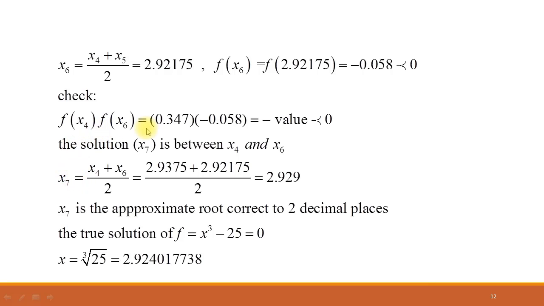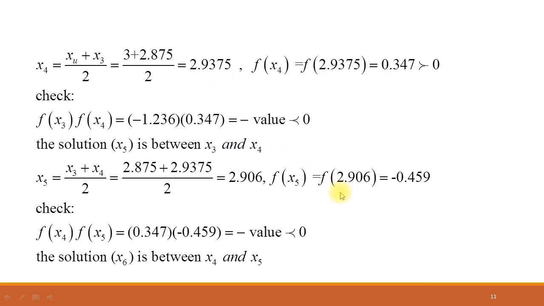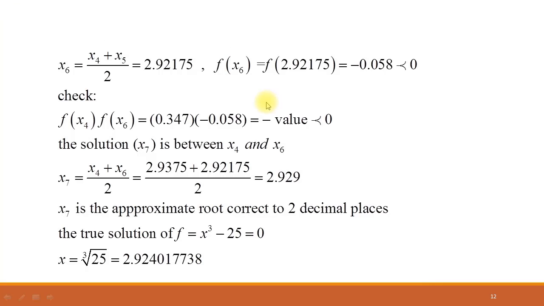The function has negative sign at x6 and at x5, and the opposite sign at x4. So x7 lies between x6 and x4, since the function has opposite sign at x4 and x6.